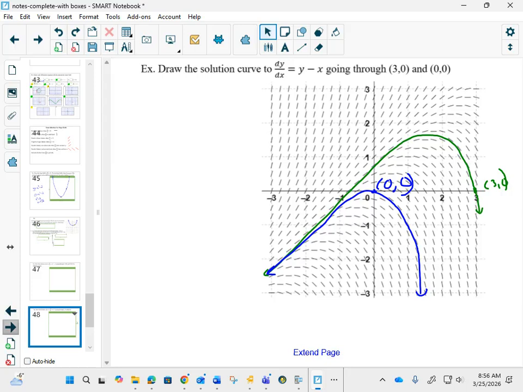Ooh, this reminds me of a wave crashing. I feel like I could start calculus therapy. Instead of those ink blots, I could just have slope fields and say, how does this one make you feel? Call it calculus therapy.